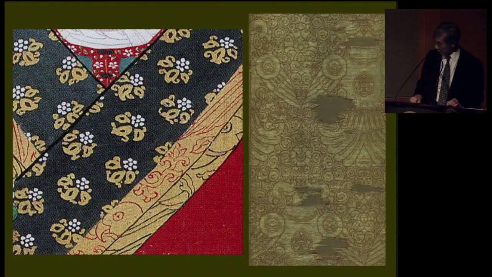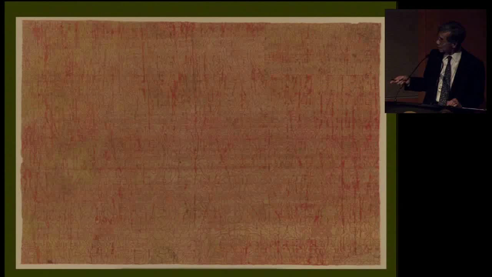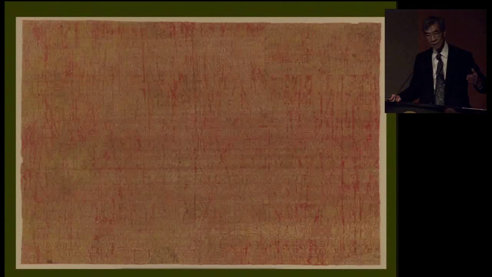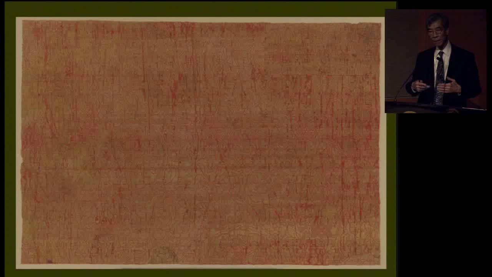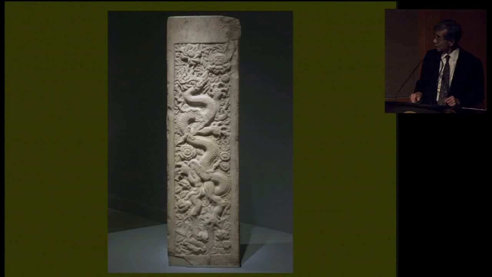But later on, the Chinese cloth of gold would then have purely Chinese patterns. But in the beginning, you can see the transition from a Central Asian style to a Chinese style over the 100 years or so of the Yuan.